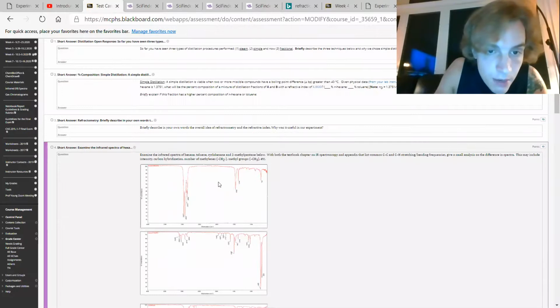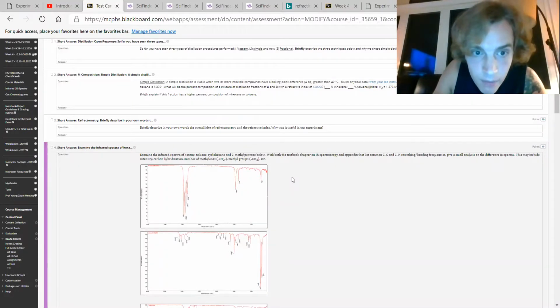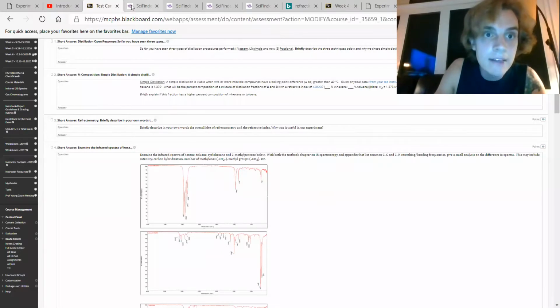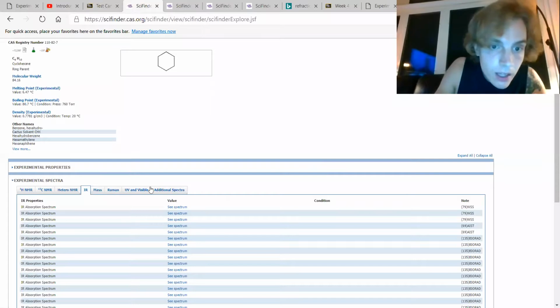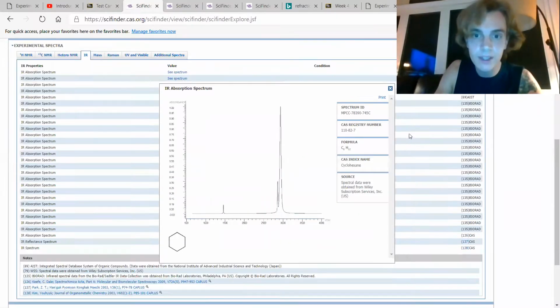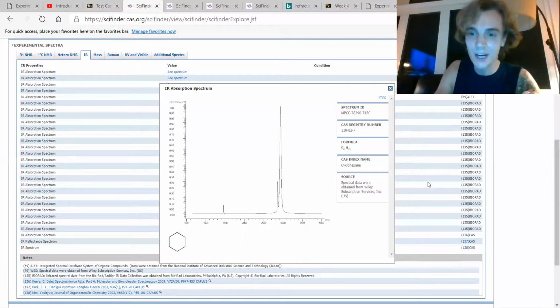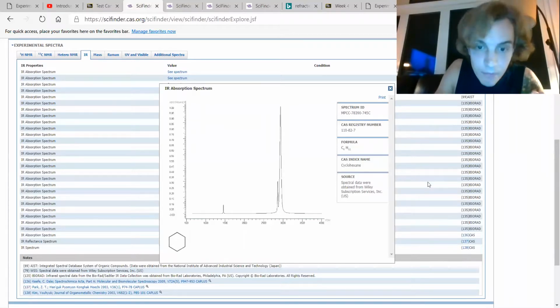Now, there's another question about the short answer for the IR, about the hexane, toluene, cyclohexane, and 2-methylpentane. I have examples of each of these up here. So here you see cyclohexane. I hope you can still see. Around 3,000, we have extreme peaks showing up with this minor peak here and this very extreme dip.